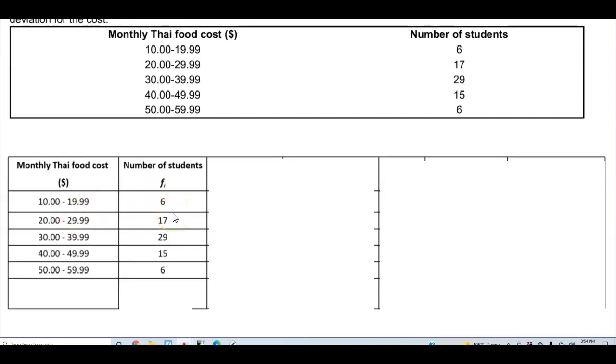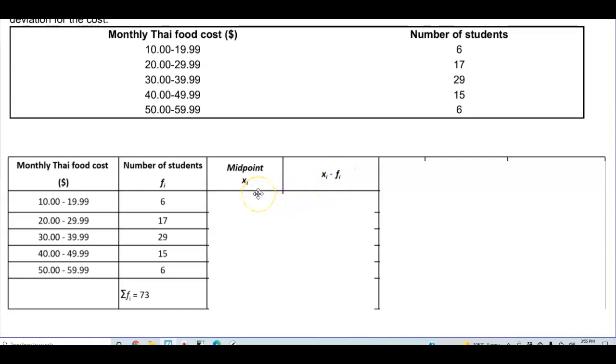So the first thing we need to do is determine the sample mean. But we need to add the total of this first column. So when we add up 6 plus 17 plus 29 plus 15 plus 6, we're going to get 73. Now we're going to create 2 new columns to find the mean. We have our midpoint, and then we're going to multiply our midpoint by the frequency.